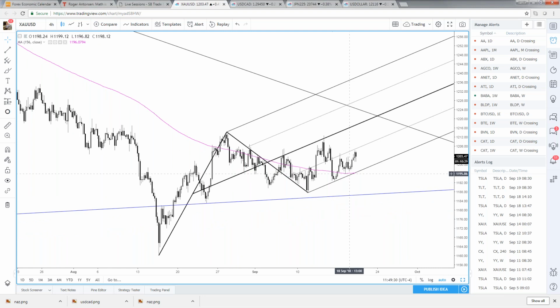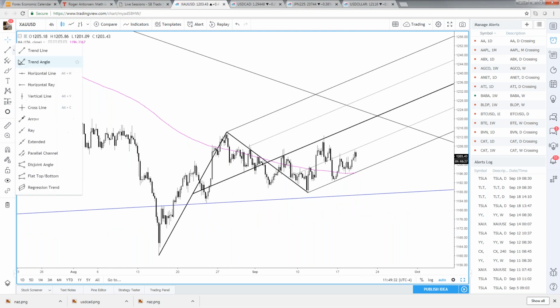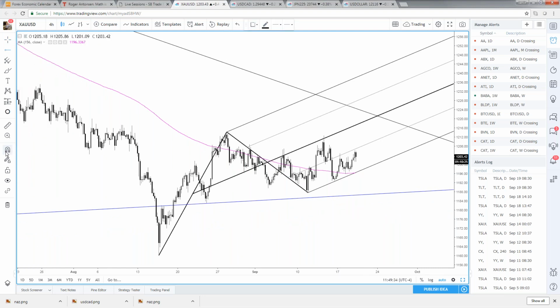It needs to hold essentially right here, which is 1195. But as long as you're above that spot, and that's going to be 1200 by the way on the futures, gold is in a very bullish position, and upside first test is going to be this 1220 spot. Okay.